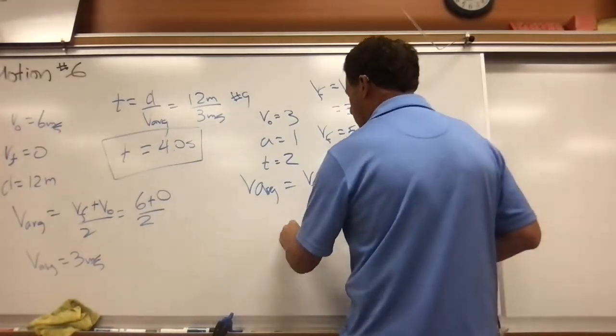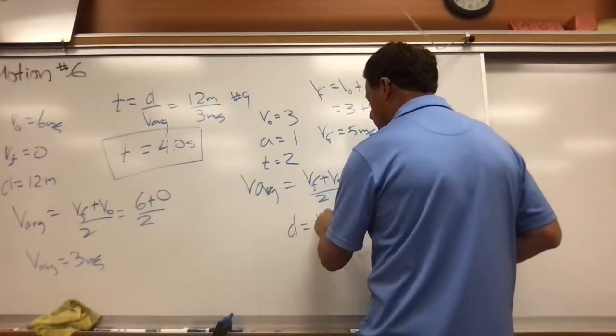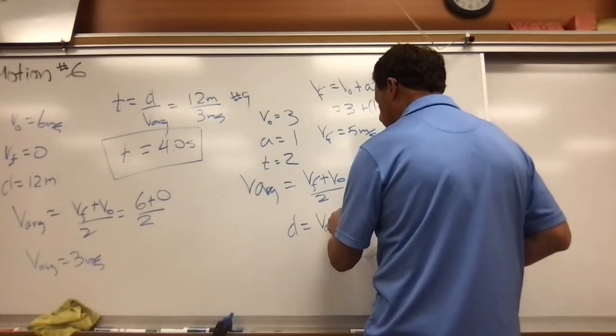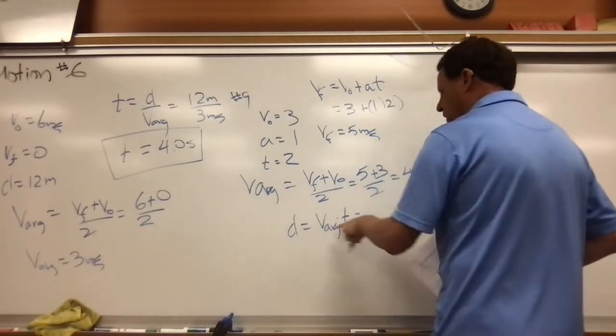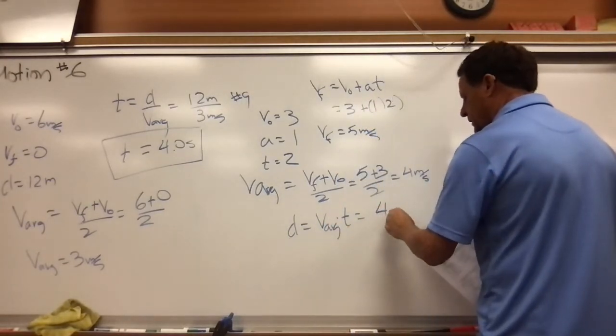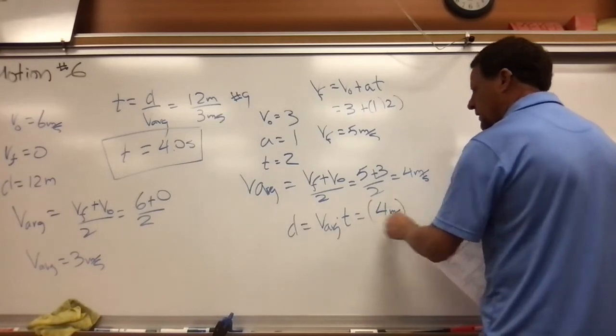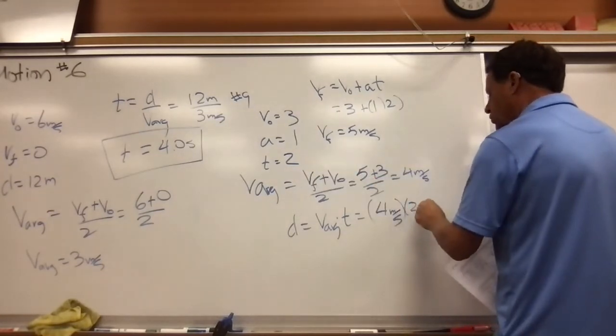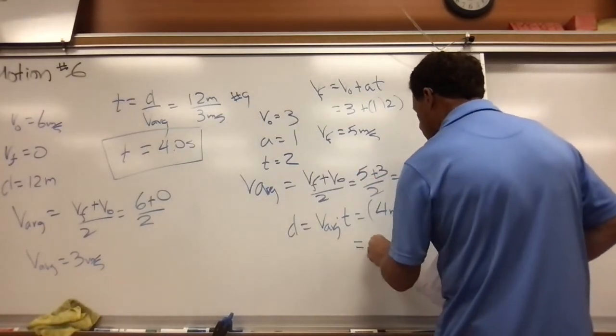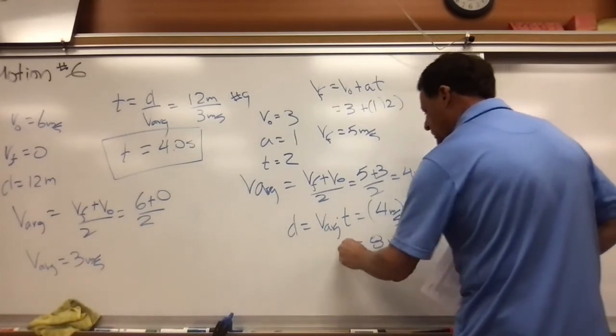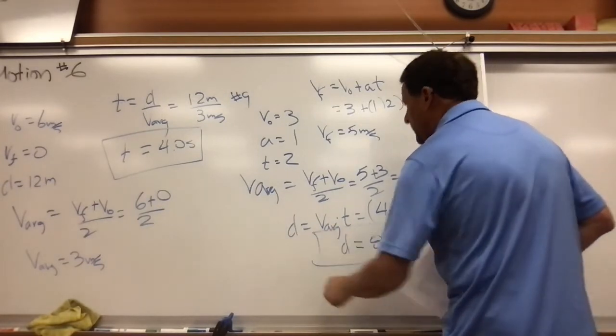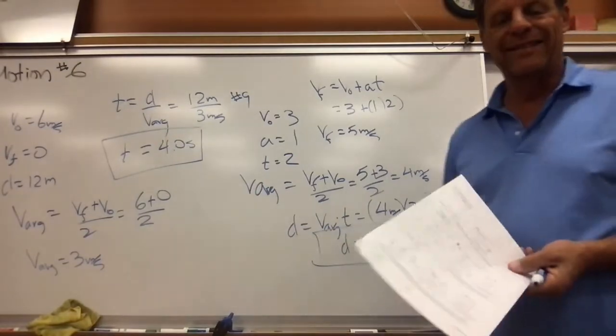And we now can go distance is equal to average velocity times time. So we have an average velocity of 4 meters per second, and we have a time of 2 seconds. We multiply that, we're going to get 8 meters is equal to our distance.